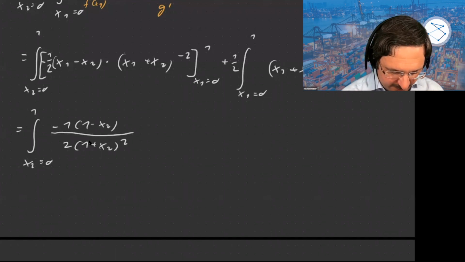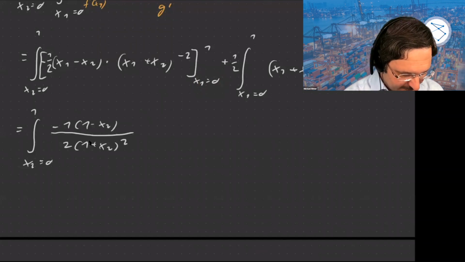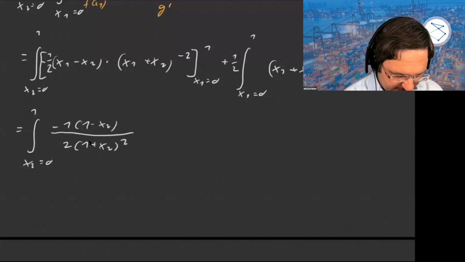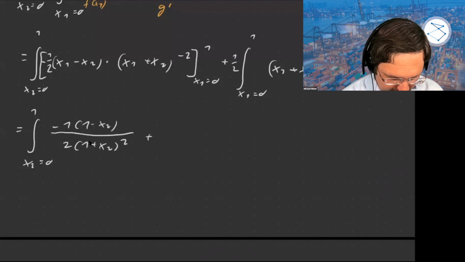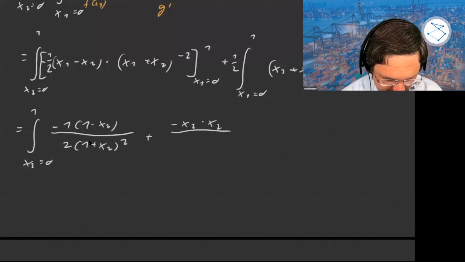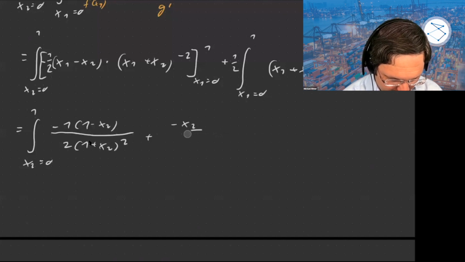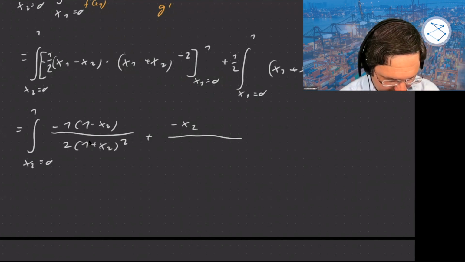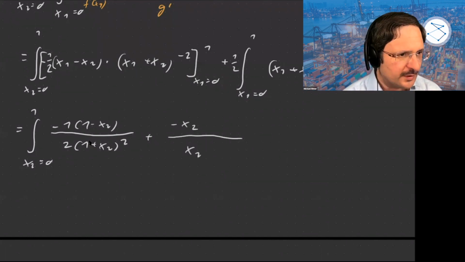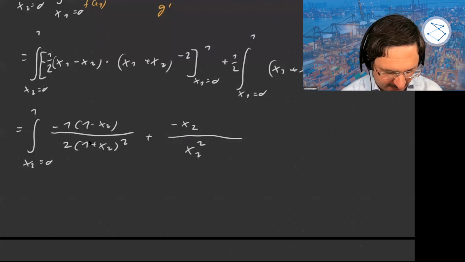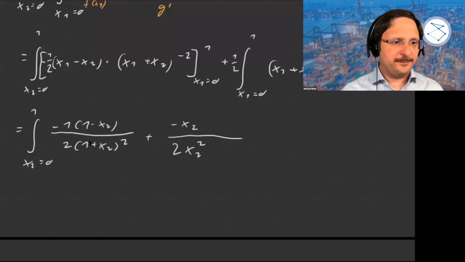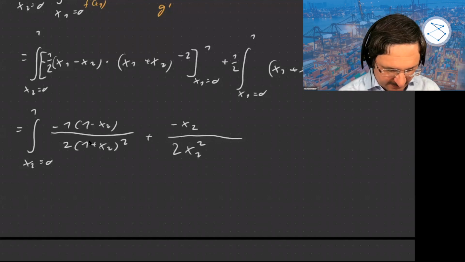That's the upper bound. For the lower bound, 0, we get minus 1/2, so that's a plus again. And here we get minus x2 times x2, minus x2 over 2x2 squared. I forgot the 2x2 squared, yeah. So that's this first part here.